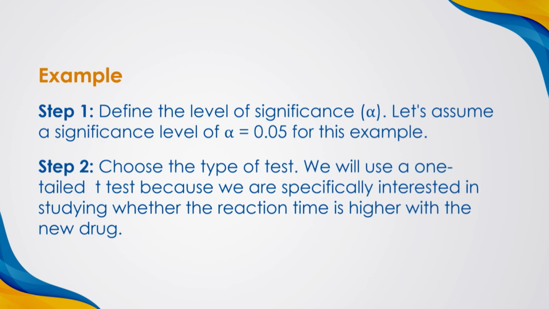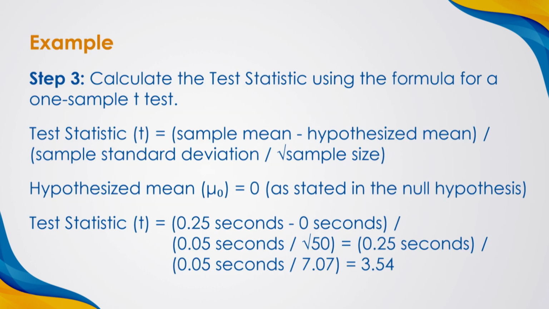Step 1, define the level of significance alpha. Let us assume a significance level alpha equal to 0.05 for this example. Step 2, choose the type of test. We will use a one-tailed t-test because we are specifically interested in studying whether the reaction time is higher with the new drug. Step 3, calculate the test statistic using the formula for a one sample t-test.